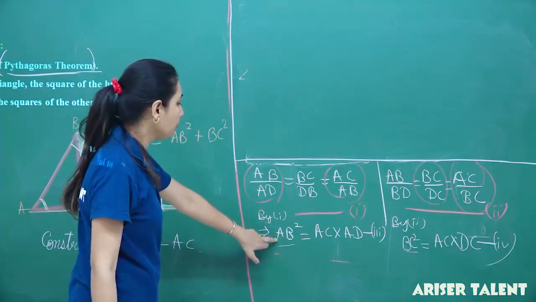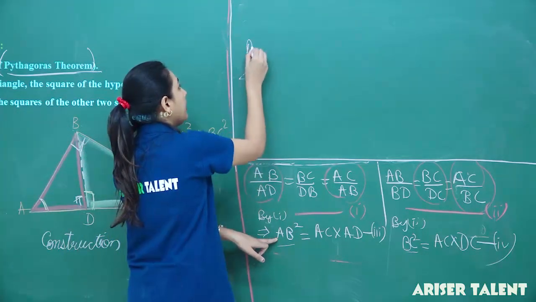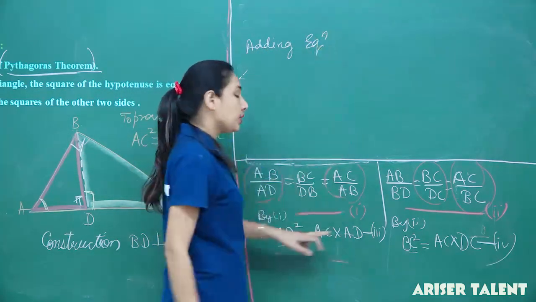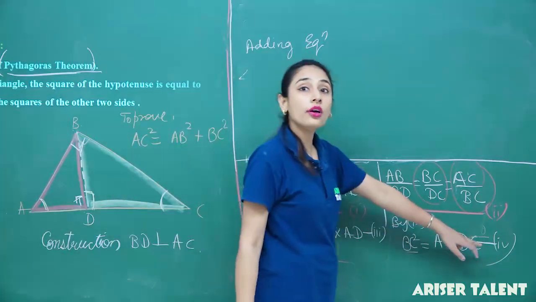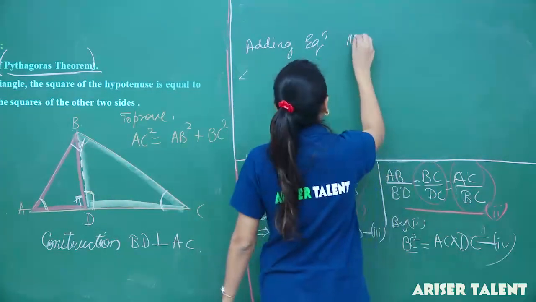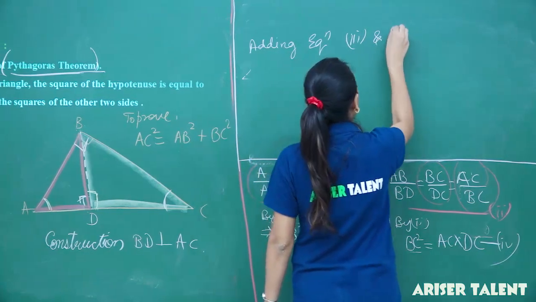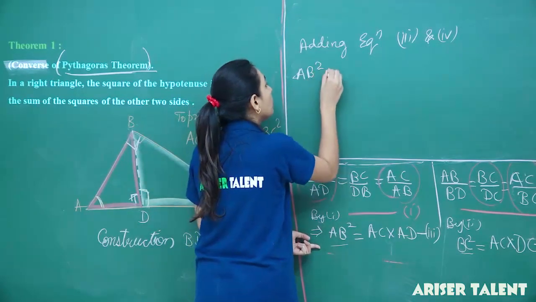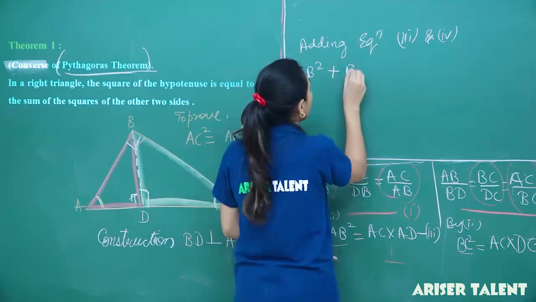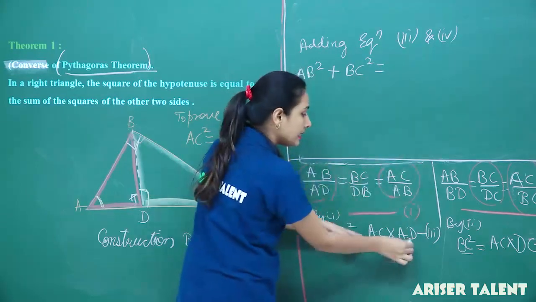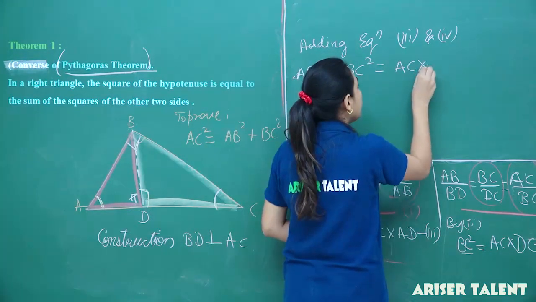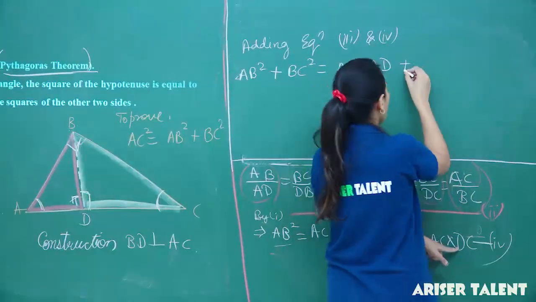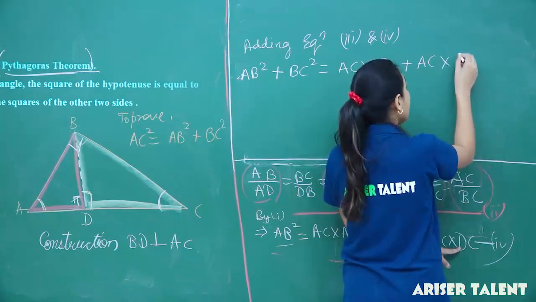Okay, now adding equations. This is what? Third and this is what? Fourth. Adding equations third and fourth, what we will have is AB square plus BC square equals AC multiplied by AD plus AC multiplied by DC.